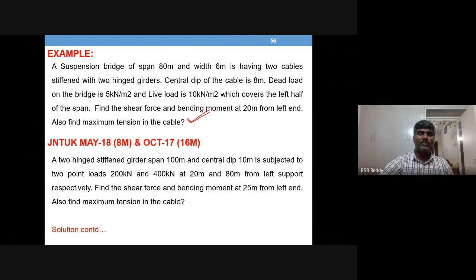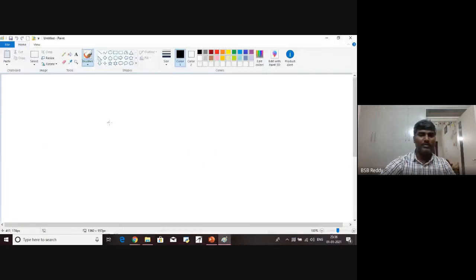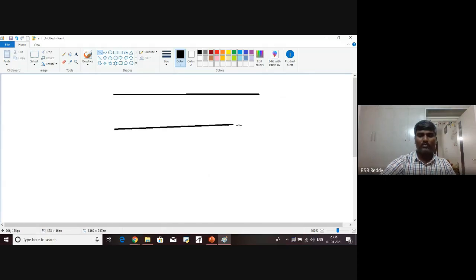A suspension bridge of span 80 meters and width 6 meters. Okay, which means let me take an empty page. I'll draw the plan of that one, means when you see it from top, how the bridge looks like.